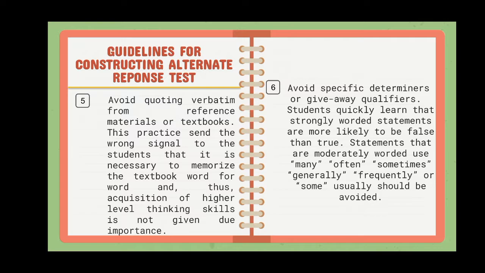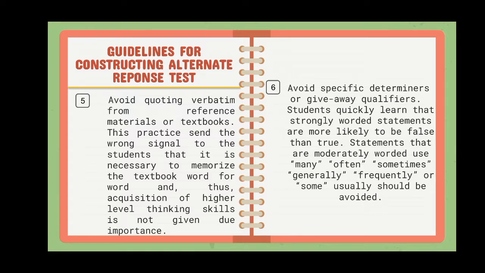Rule number 6. Avoid specific determiners or giveaway qualifiers. Students quickly learn that strongly worded statements are more likely to be false than true. For example, statements with never, no, all, or always. Moderately worded statements are more likely to be true than false.